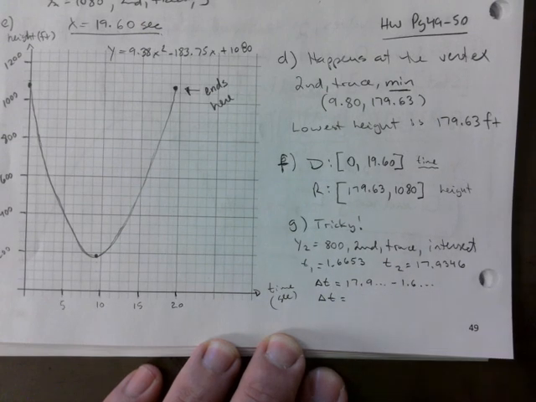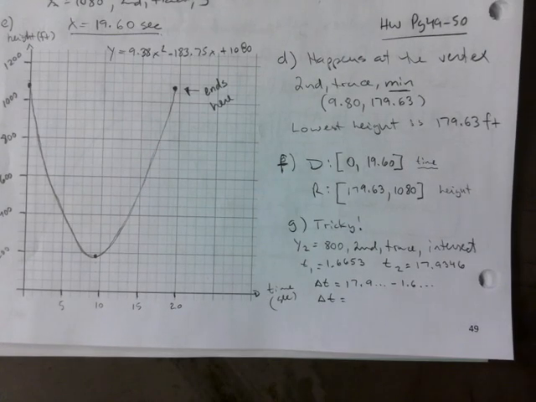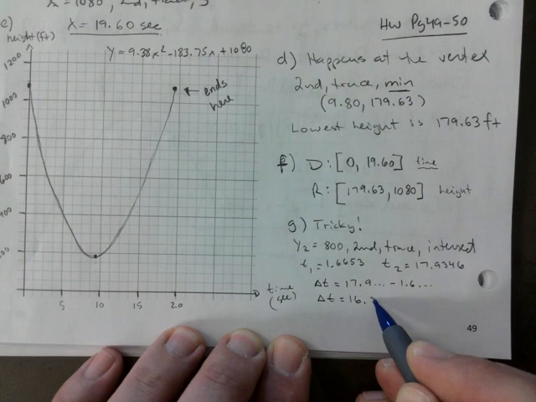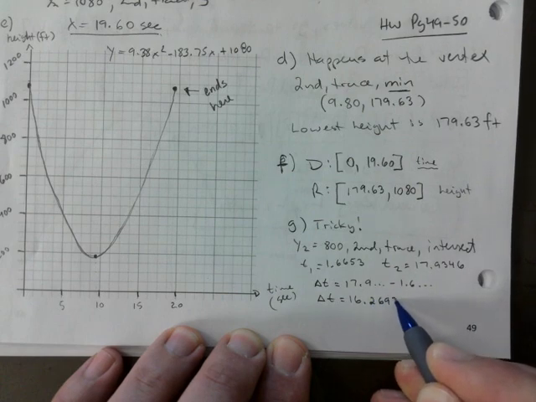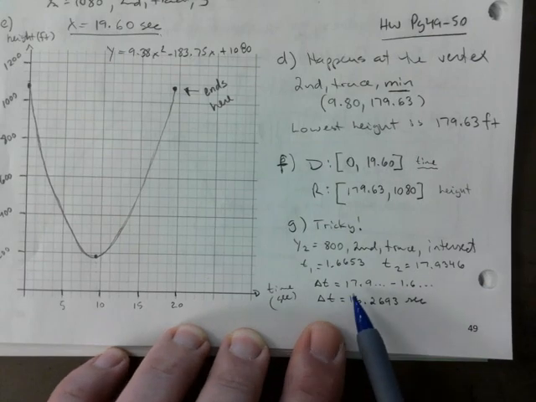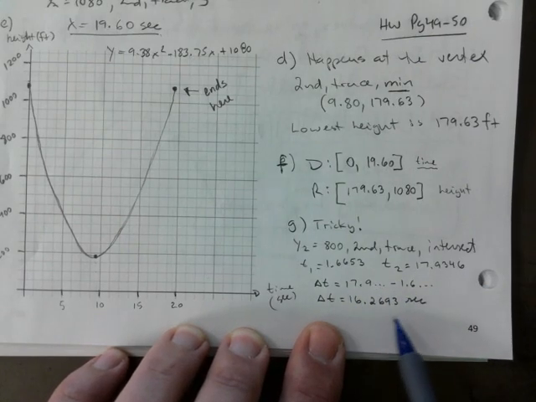Delta t gives you, sorry, I have to do this because I'm keyless right now. That'd be 16.2693 seconds. But what did I find when I subtracted this?